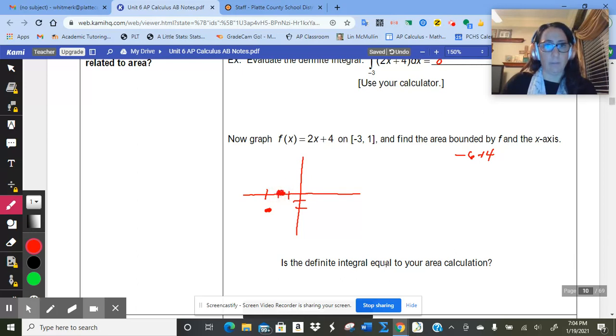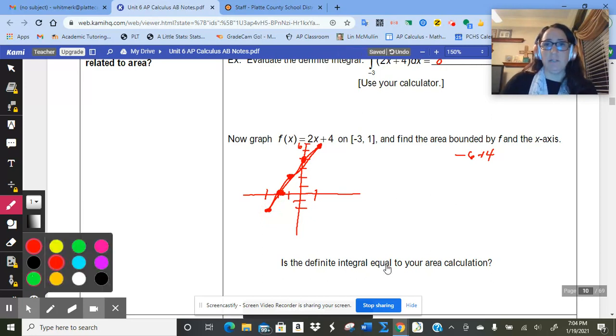Up 1, 2 over 1. And here at the 1, which is where we are stopping, I can see that I should be at 6. 1, 2, 3, 4, 5, 6.